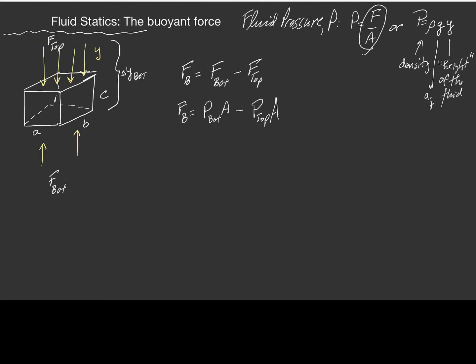Okay. All right, all we're doing is substituting and realizing that we're going to be able to expand this out and take a look at our concepts and bring in what we know about an object's buoyancy.